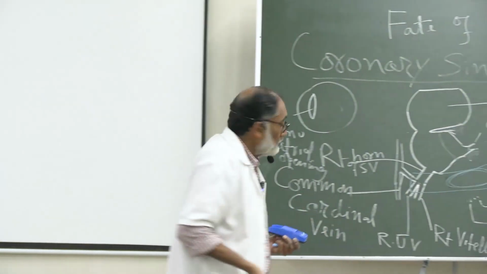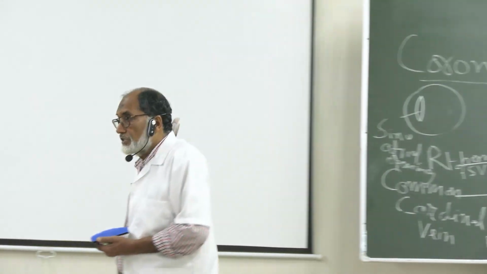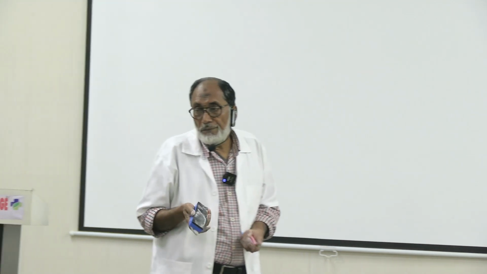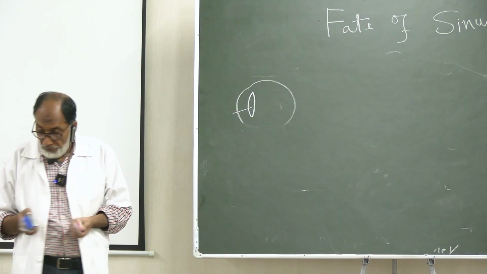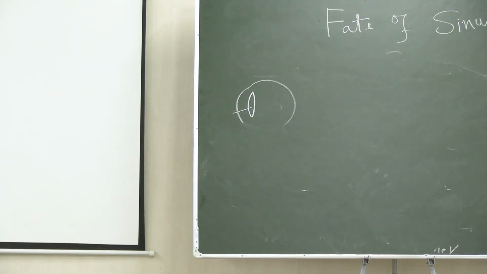So now let us discuss, again, the development of the right partition of the atrial cavity. This is the atrial cavity, a primitive atrium.